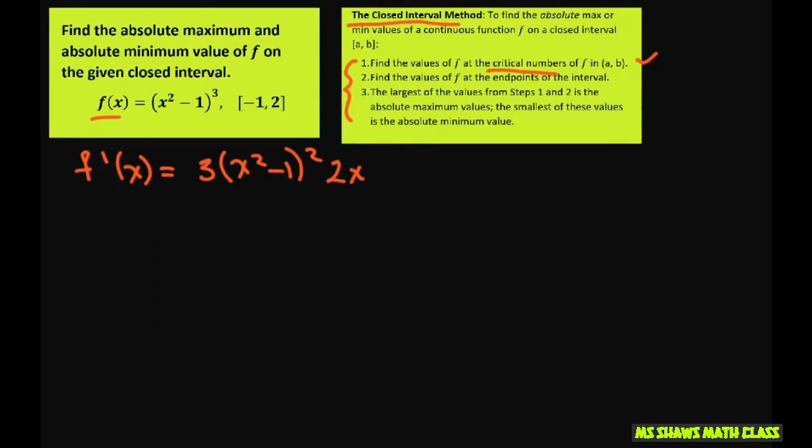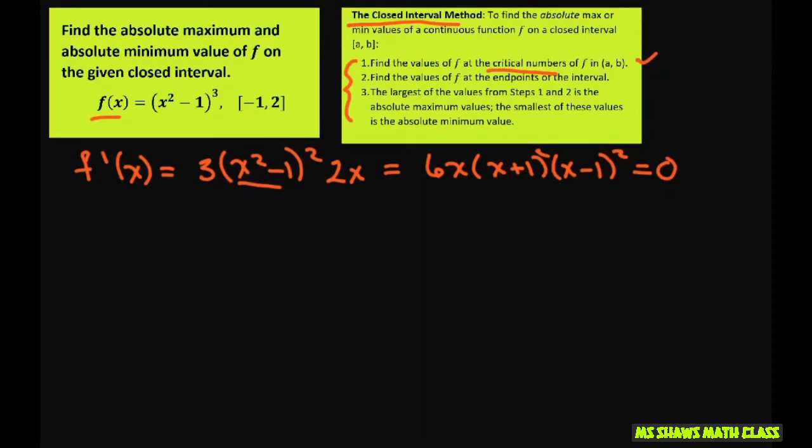So this ends up being 6x, and then I can break this up as (x plus 1) times (x minus 1), both of these squared, equals 0.